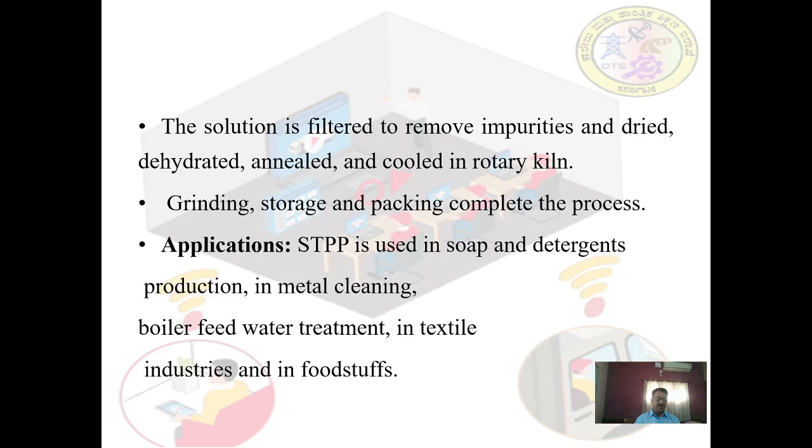Next question. Triple superphosphate is made by reacting dash. Options are A phosphoric acid, B sulfuric acid, C hydrochloric acid, and D nitric acid. So the right answer is option A, that is phosphoric acid. Next question.